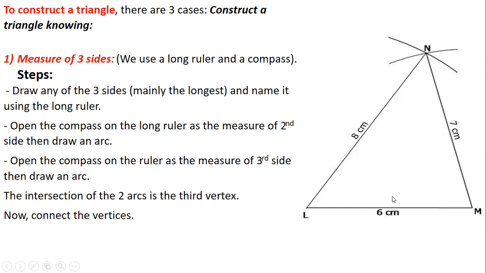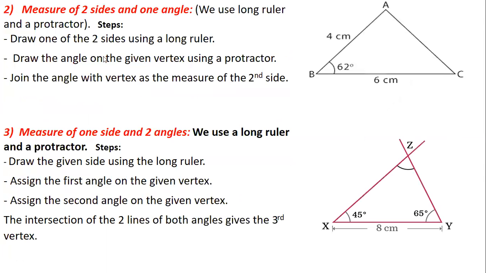Please practice drawing this kind of triangles using the long ruler and the compass. It's very important. Now, how can we construct a triangle knowing the measure of two sides and one angle? So in the given, I gave you the measure of two sides and the measure of one angle.